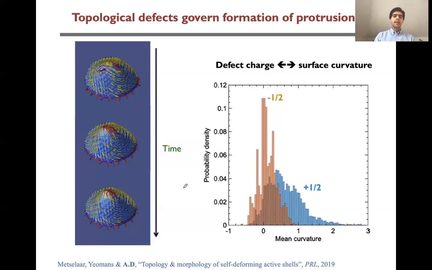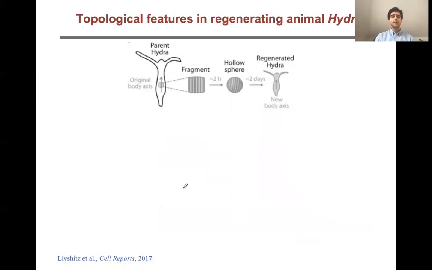What's amazing is that similar behavior has recently been probed in experiments in vivo. These are experiments on the animal hydra. It is a sea animal, called hydra because it has the ability that if you cut any fragment of this animal, it will grow to the shape of the original animal.